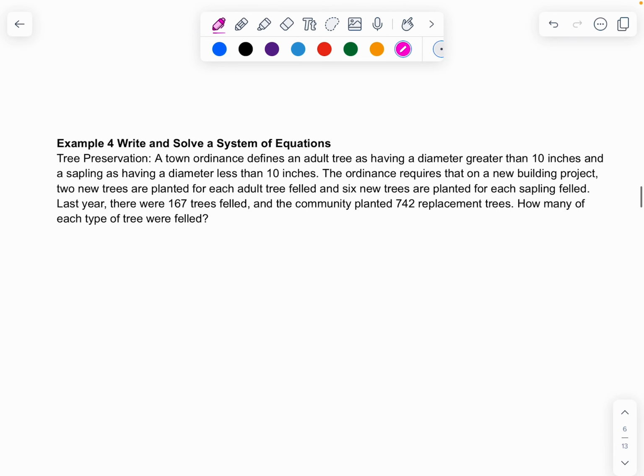Okay, tree preservation. A town ordinance defines an adult tree as having a diameter greater than 10 inches and a sapling as having a diameter less than 10 inches.